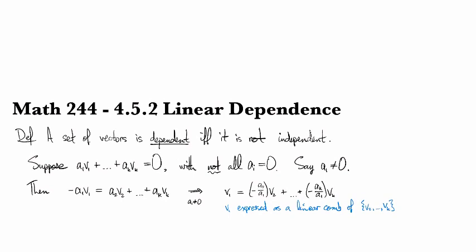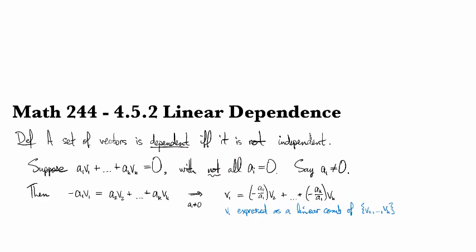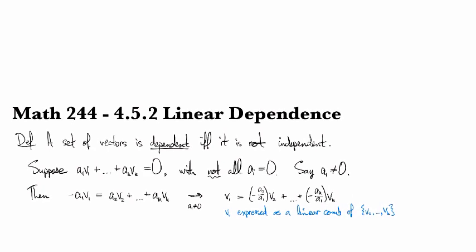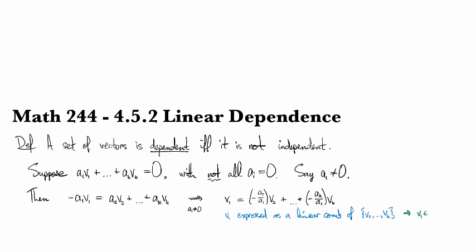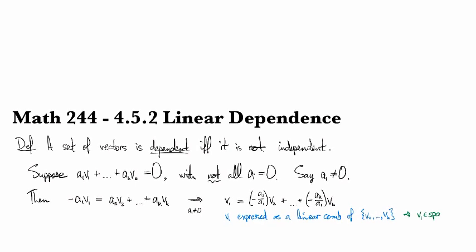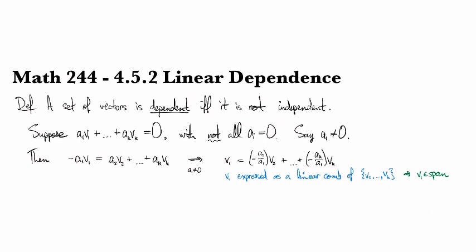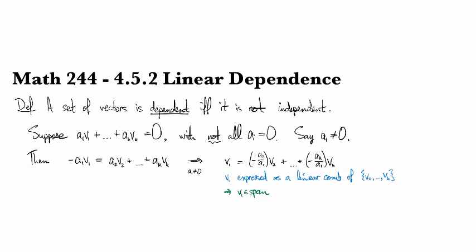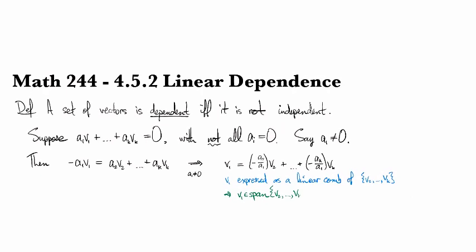We've expressed it in terms of the other ones as a linear combination, and realize that what that means in terms of our recent jargon is that v1 is an element of the span of v2 through vk.